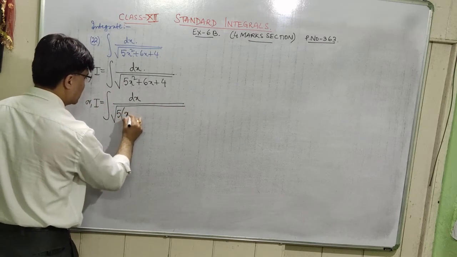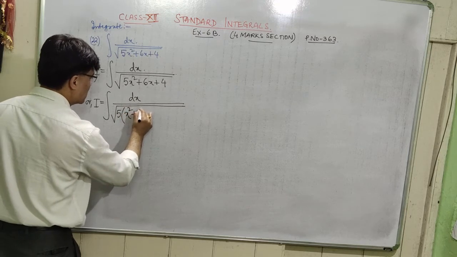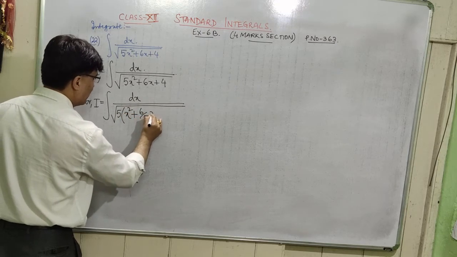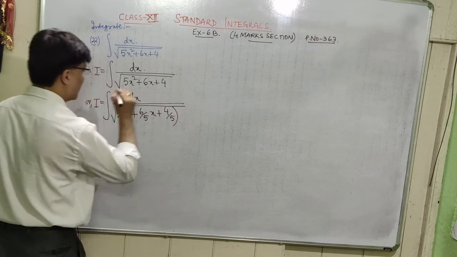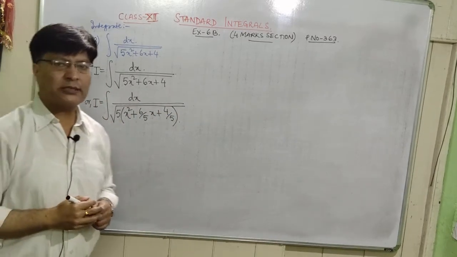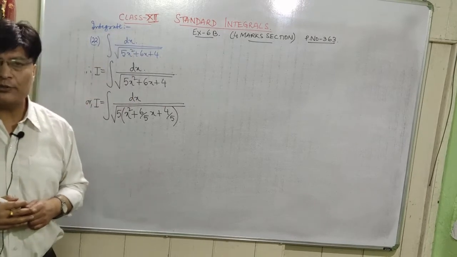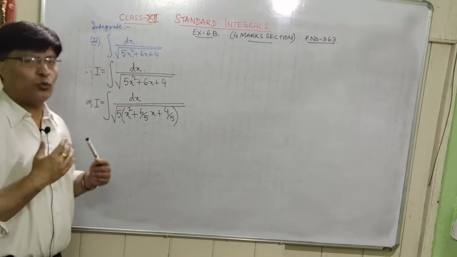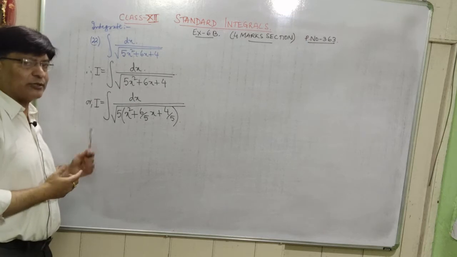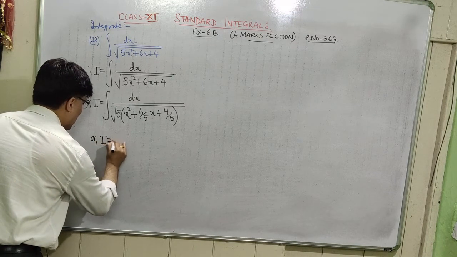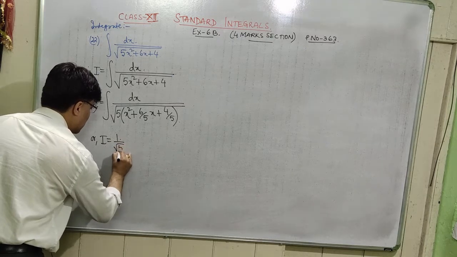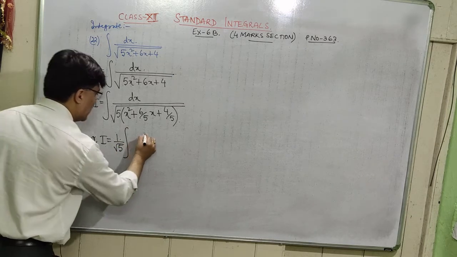So within bracket x square plus 6 by 5 into x plus 4 by 5. Is it clear to all of you? So I think you have understood it. Which is the constant here that you can take outside? 1 by root 5. So let us take this 1 by root over 5 outside the integral sign, right?